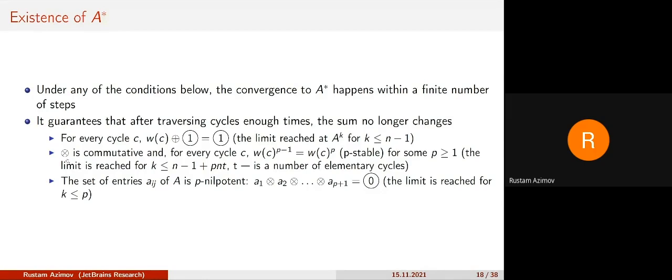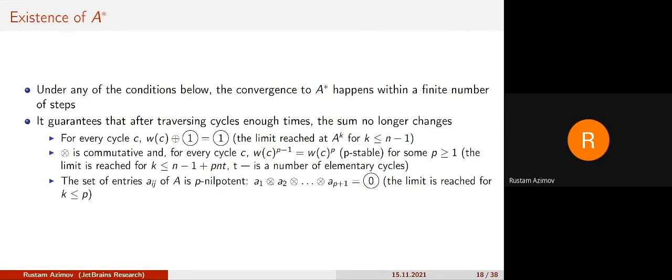The second condition is if multiplication is commutative and each cycle in the graph is p-stable, then we also have convergence. And the last condition is if the set of all entries of matrix A is p-nilpotent.